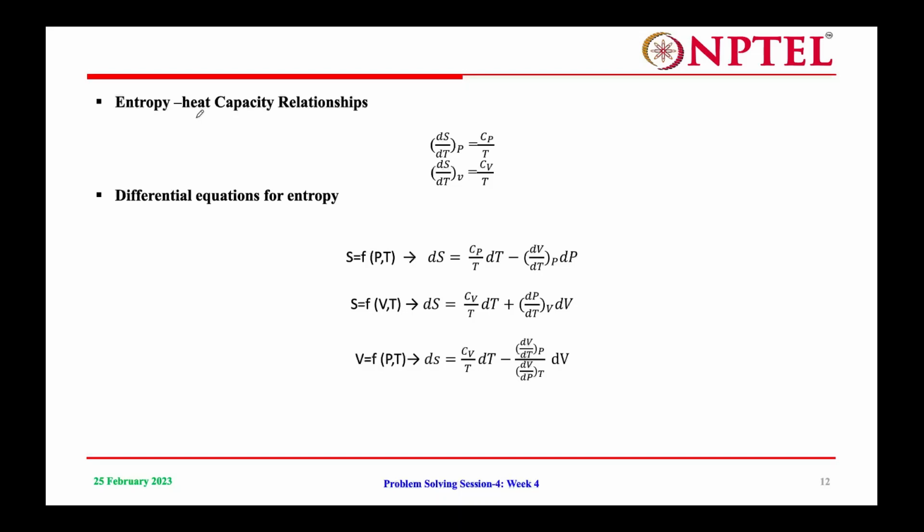Now also the entropy heat capacity relationships. When you derive, you get dS by dT at constant pressure is equal to Cp by T and dS by dT at constant volume is Cv by T. So you can write dQ, dU by dT, Cp by Cv.